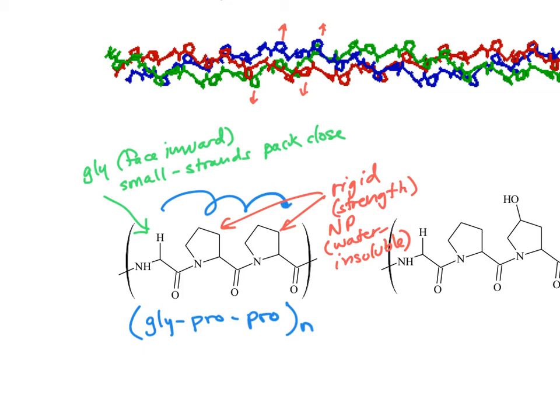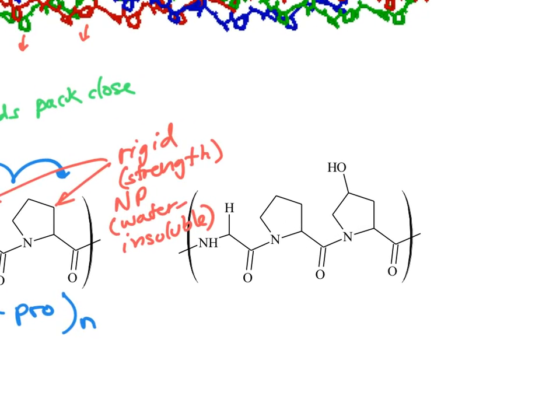Okay, that describes the structure of collagen, but one more thing about how it comes together in your body. There are actually modifications that occur on the prolines. We end up with alcohol groups being attached to form what we call hydroxyproline, and that forms a place for crosslinks.